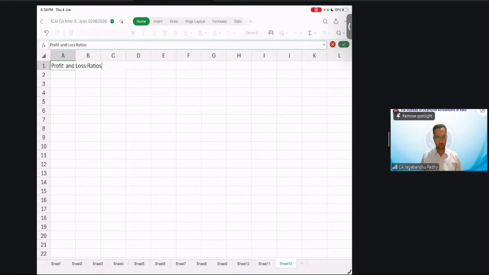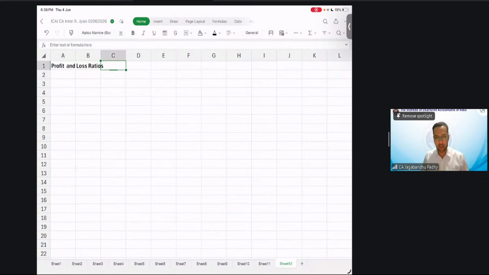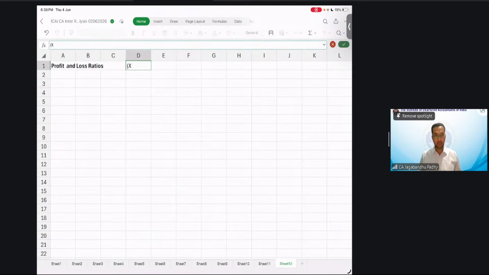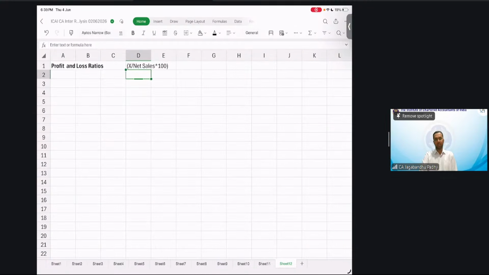Profit and loss ratios. All these ratios are going to be of the simple format X upon net sales multiplied by 100.